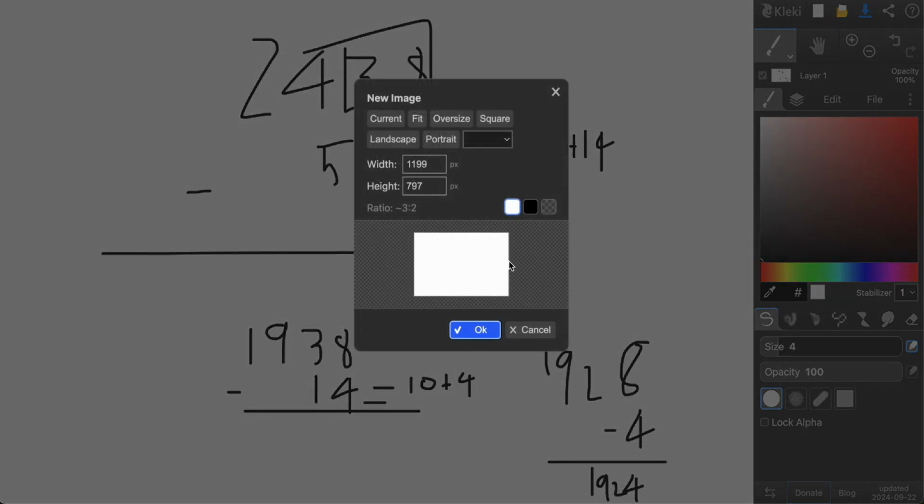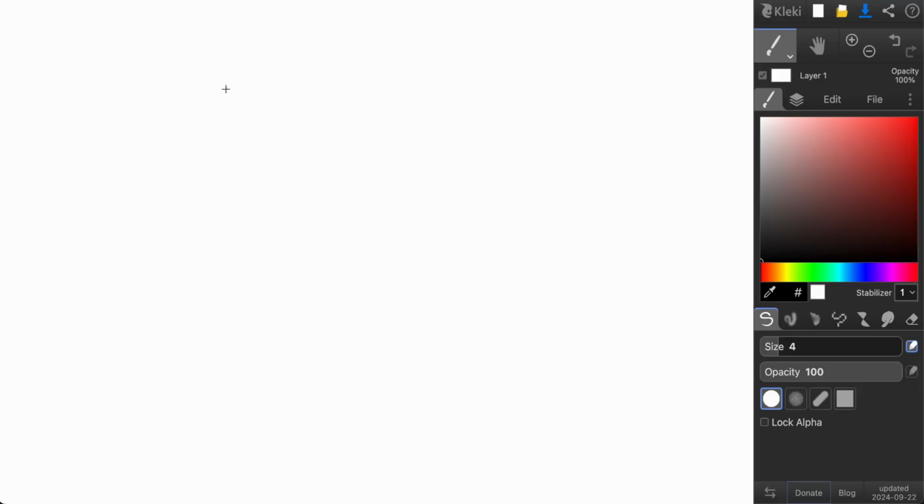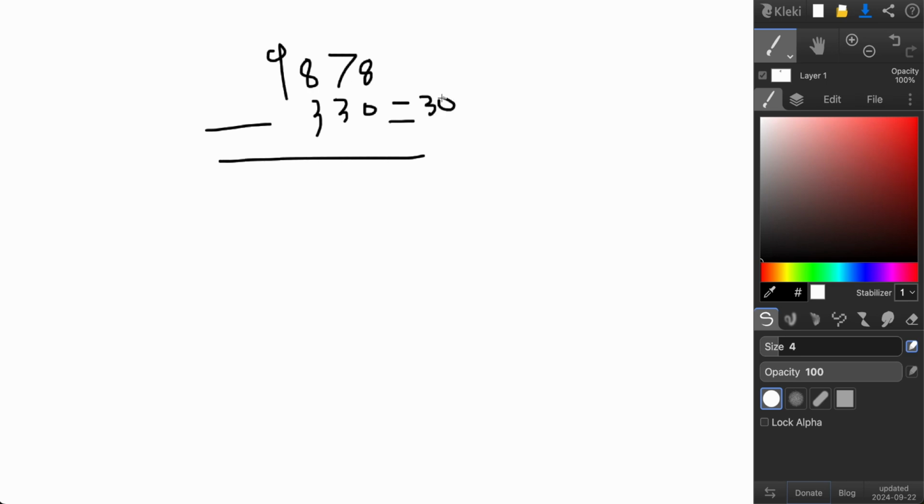Let's try another example. Let's say you're trying to do 9878, and you're trying to subtract 330. Now what you want to do is minus 300, and then 330 equals 300 plus 30.